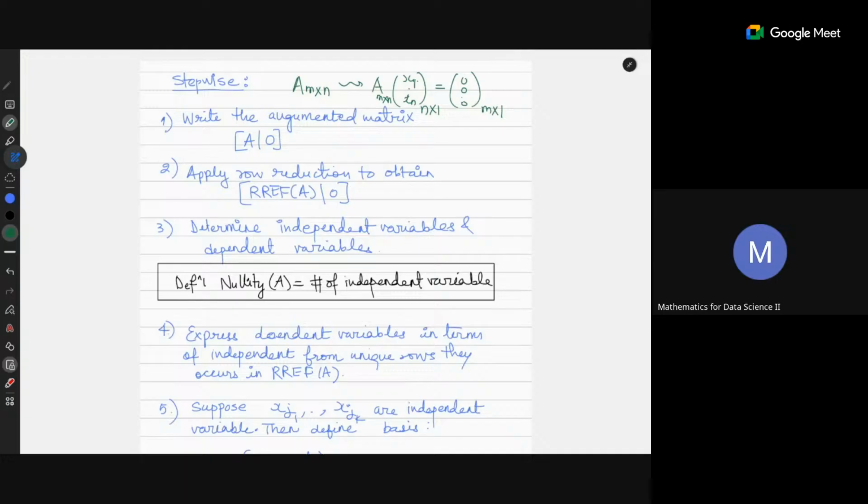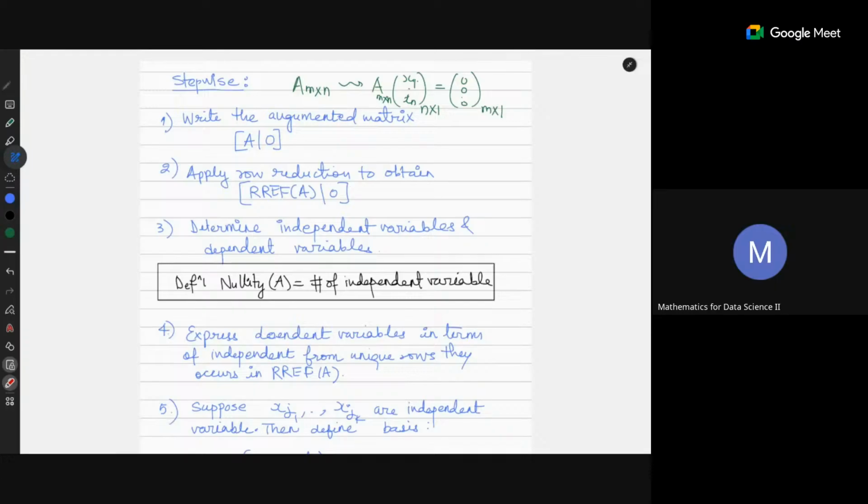Then you write down the augmented matrix and perform row reduction operations to obtain the RREF form. You have also noticed that the last column, which is the zero column, is independent of that. The row operations do not change that last column.